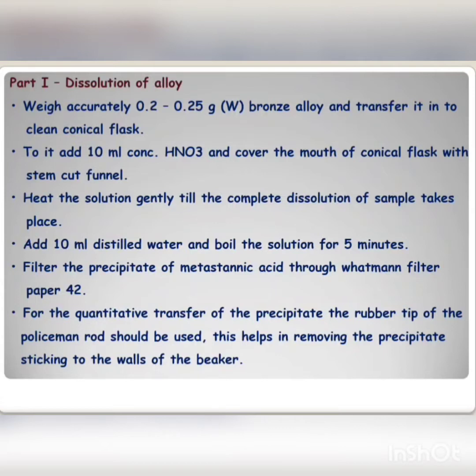But here we will not get a clear colorless solution because the tin will be precipitated as metastannic acid. So small particles of metastannic acid we can see in the conical flask. Dissolution we will do in the conical flask.